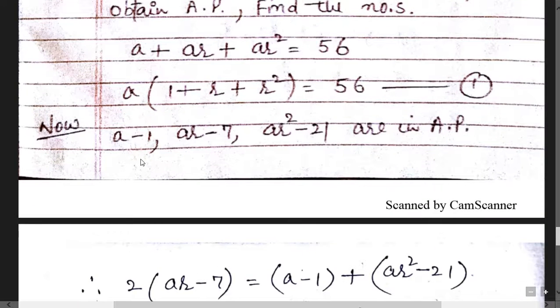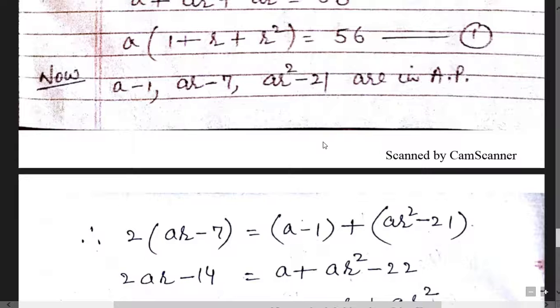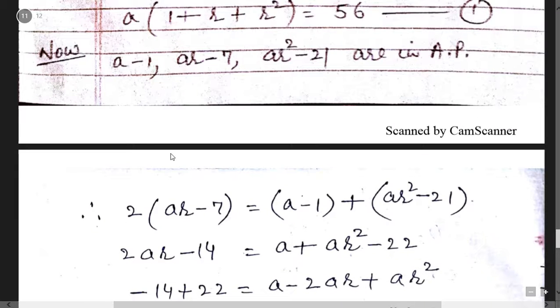When I subtract 1 from the first number, 7 from the second number and 21 from the third number, the resulting sequence is in AP. Now what is the condition for AP? Double of the second term is equal to the addition of the first and third term.